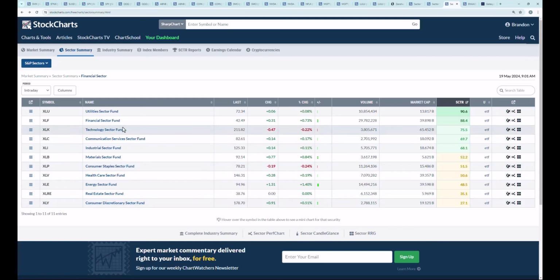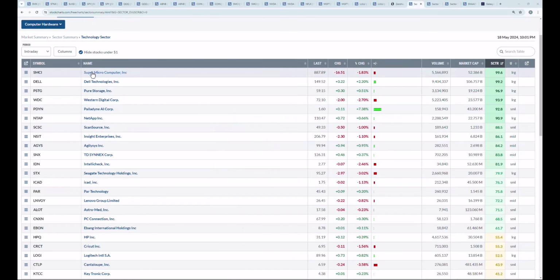The other one we want to talk about is the technology sector. In this technology sector, we are super interested in Super Micro because that has been the strongest one, but its looks are deceiving. This is what you're looking for, and then you marry it to your chart analysis, right? In our membership group, we were talking about Super Micro. Those of you that took it, great, because I've been pounding the table about Super Micro.